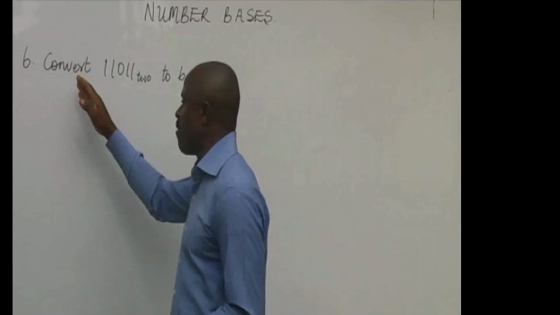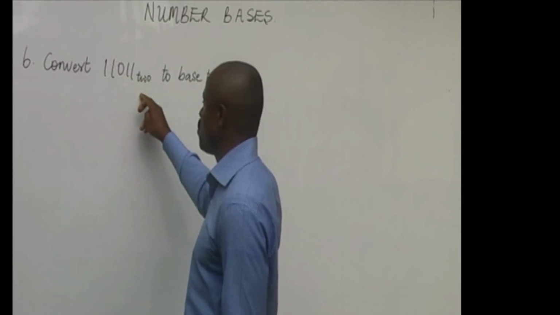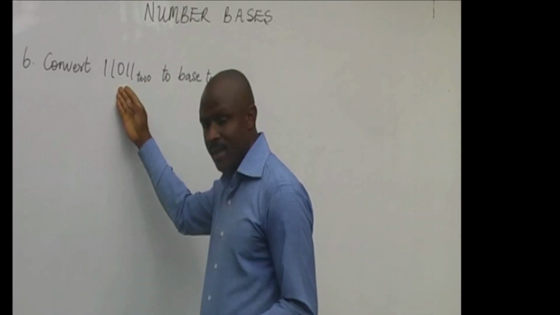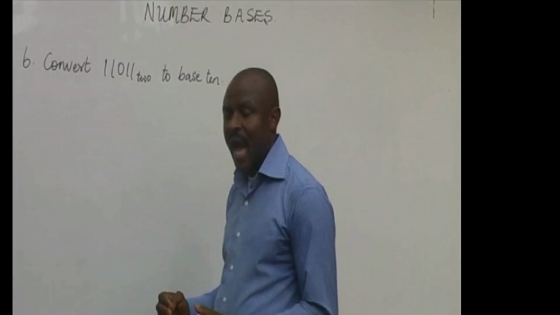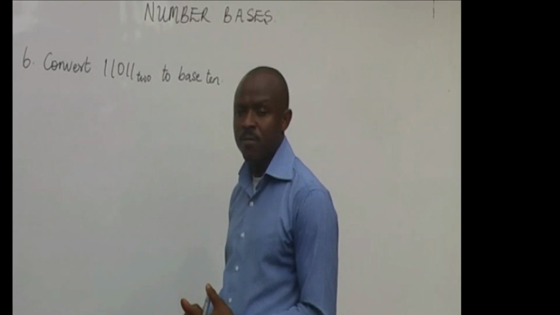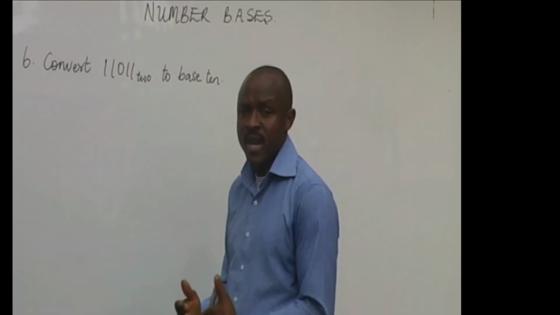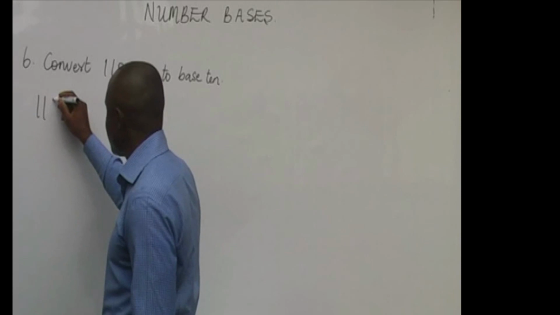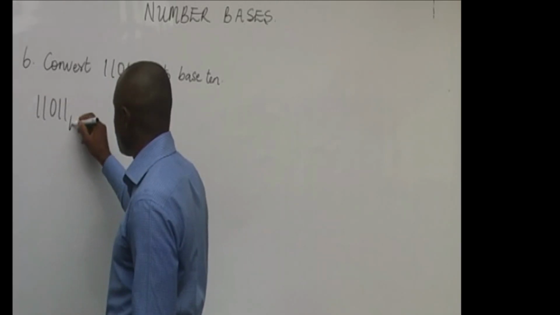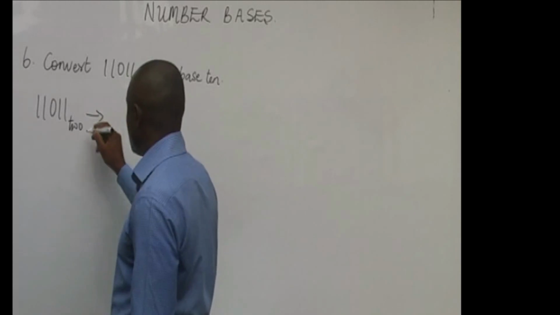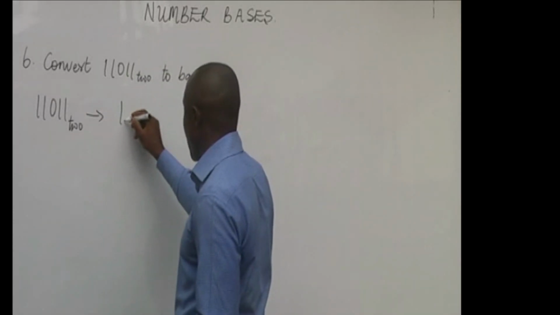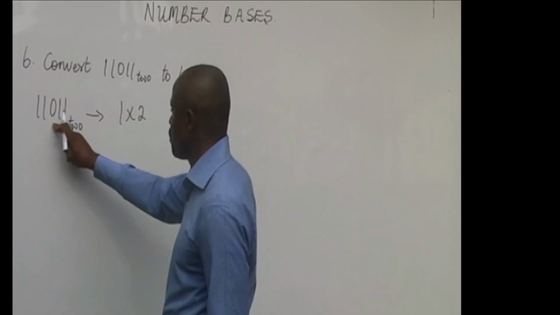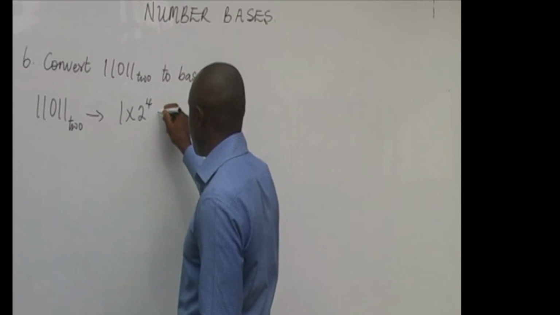Question number 6 says we should convert 11011 base 2 to base 10. Expand it in the power of its base and do the addition of the result of the expansion. Whatever you get is in base 10. So we have 11011 base 2. It's going to give us, pick the first digit, 1, multiply by the base 2, put it to the exponent of the remaining digits, 1, 2, 3, 4. So we have 4.